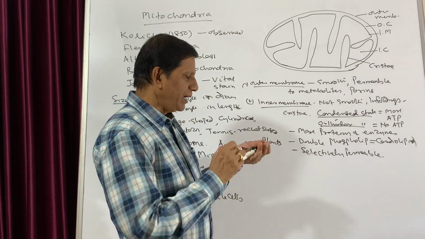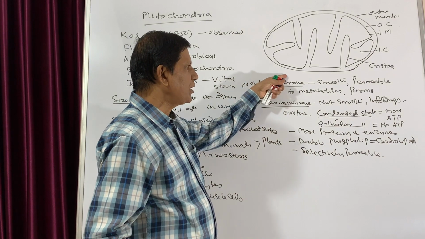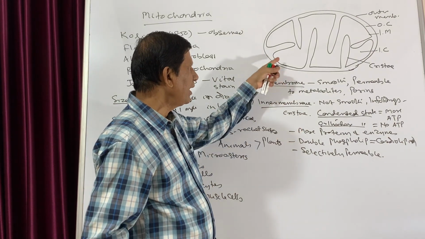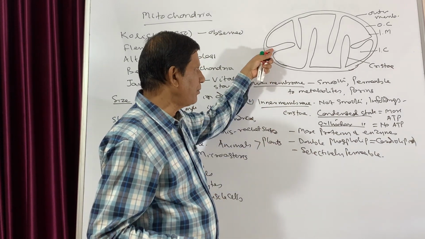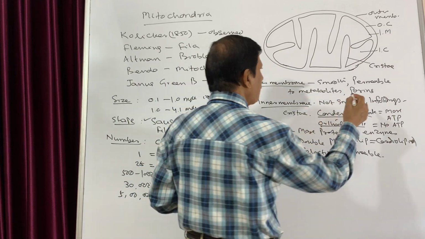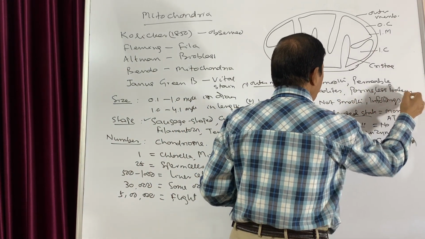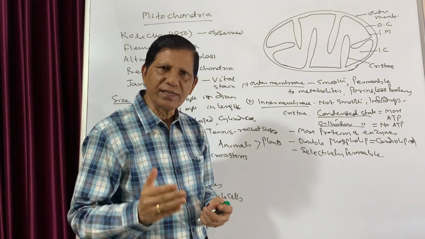If you now compare the outer and inner membranes, the outer membrane is smooth, while the inner membrane is not smooth because it has foldings. The outer membrane is permeable, while the inner is selectively permeable. The outer membrane has fewer proteins, but the inner membrane has more proteins and enzymes.